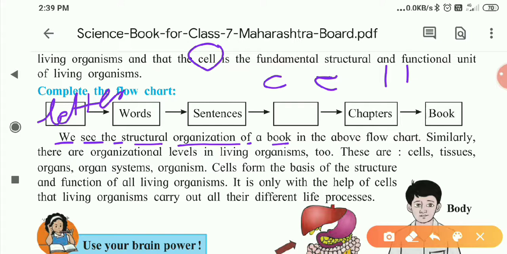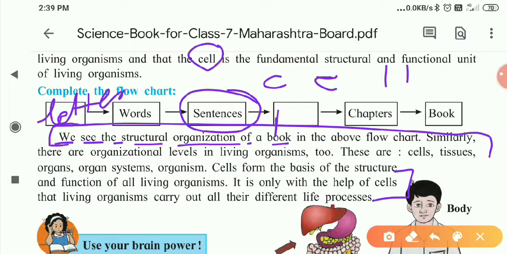In this example, these four are words, and the words come together and form a sentence. And as you know, sentences come together, and so many sentences come together and form a paragraph.